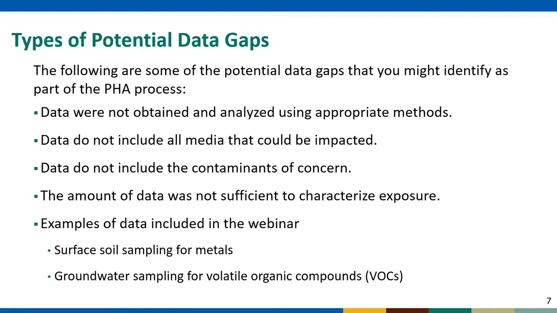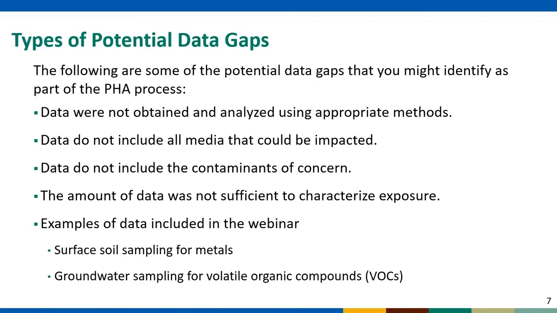However, data can also be important for understanding an element of an exposure pathway, but not necessarily in relation to actual exposures. For example, if you have groundwater contaminant data from monitoring wells that are located between a source and private wells, these don't represent actual exposure data, but they are important for understanding whether groundwater contamination is present and might be migrating towards private wells.